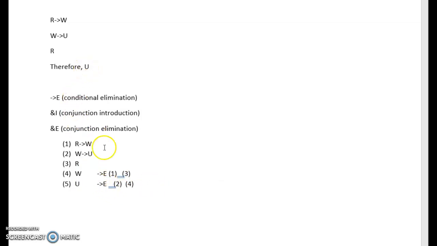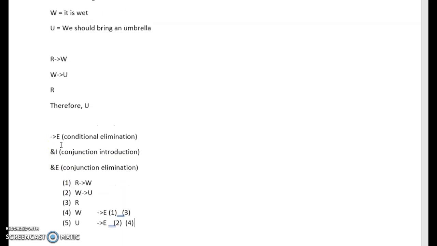U is we should bring an umbrella, okay? Well, that's exactly what we're trying to prove. So this is the conclusion. We have now proven this argument, right? We've proven that it's valid. We've proven you can derive this conclusion from the premises, okay?